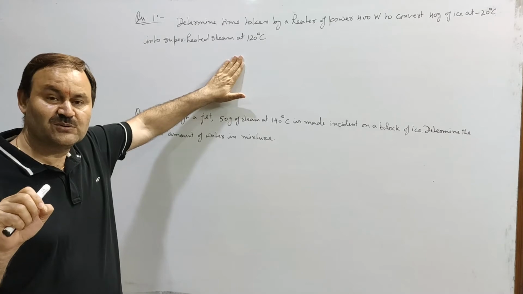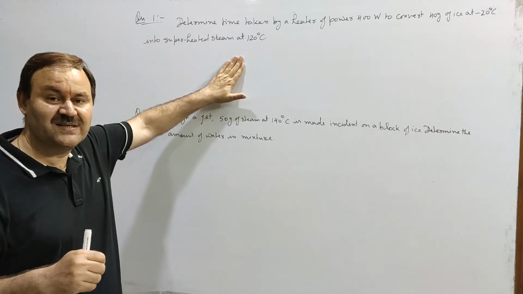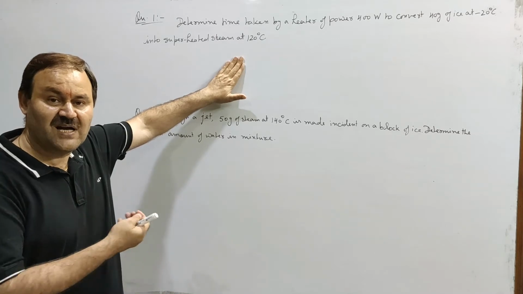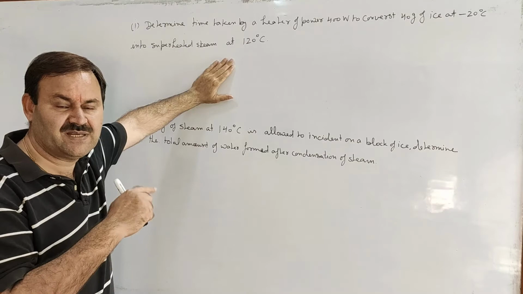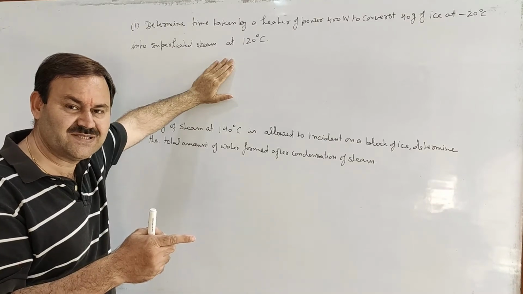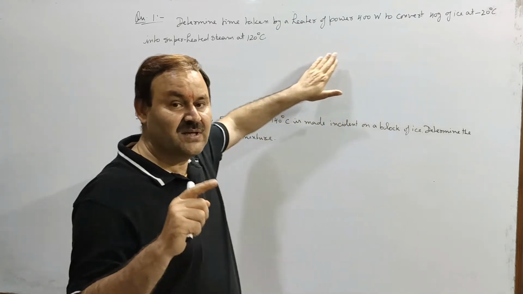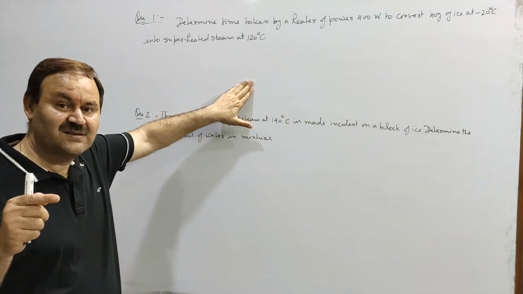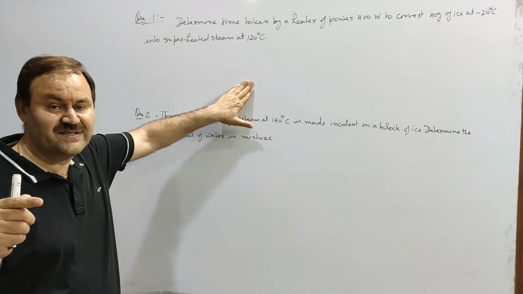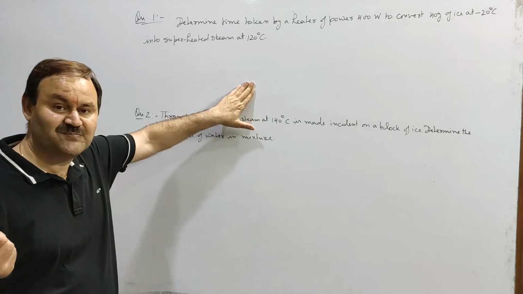Here we must know in what way heat is utilized by the ice after absorbing from the heater. First, its temperature will change from -20 to 0 degree Celsius. We will be using MC delta T. After coming to 0 degree Celsius, it will change its state, and for change of state we will use ml.